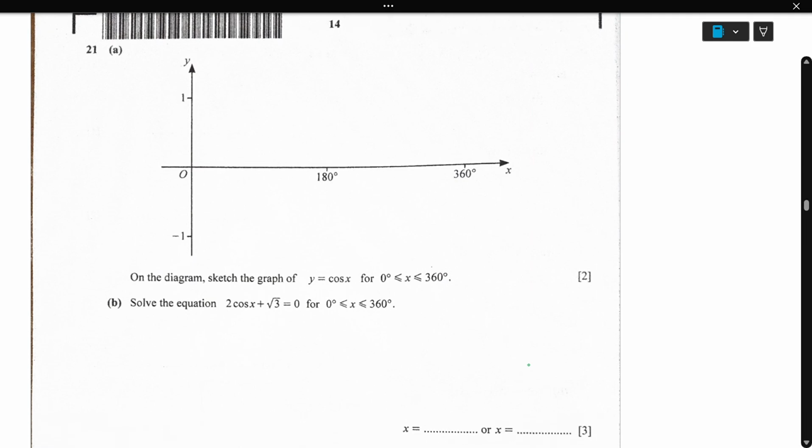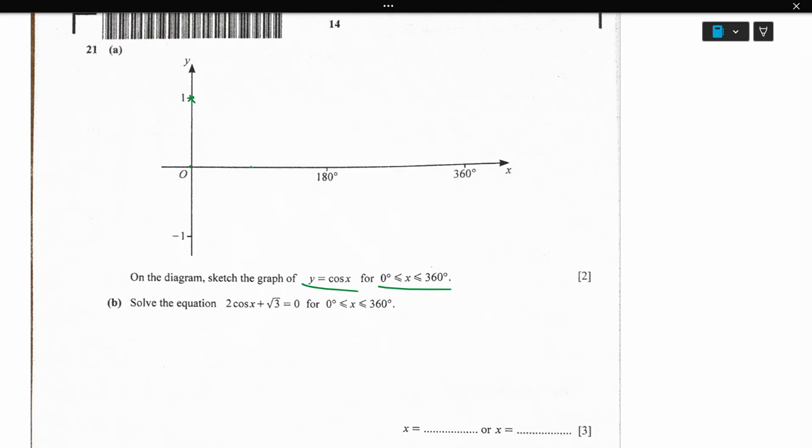Next, question number 21. Here the figure is given, so we need to draw y equals cos x. As we know, cos 0 equals 1, because we need to draw 0 to 360.